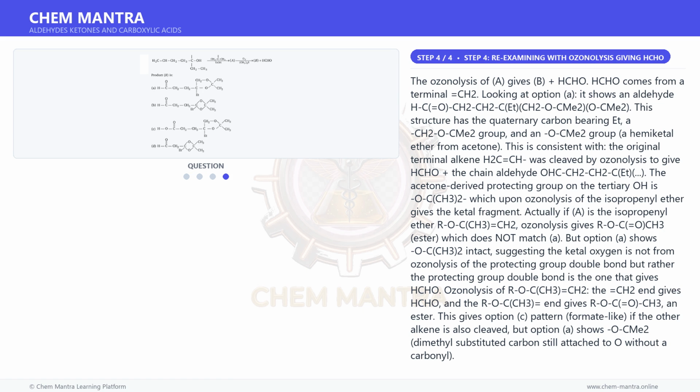That makes it truly tertiary. Actually, the most consistent reading: the starting material is 2-ethyl-2-methylpent-4-en-1-ol. No.